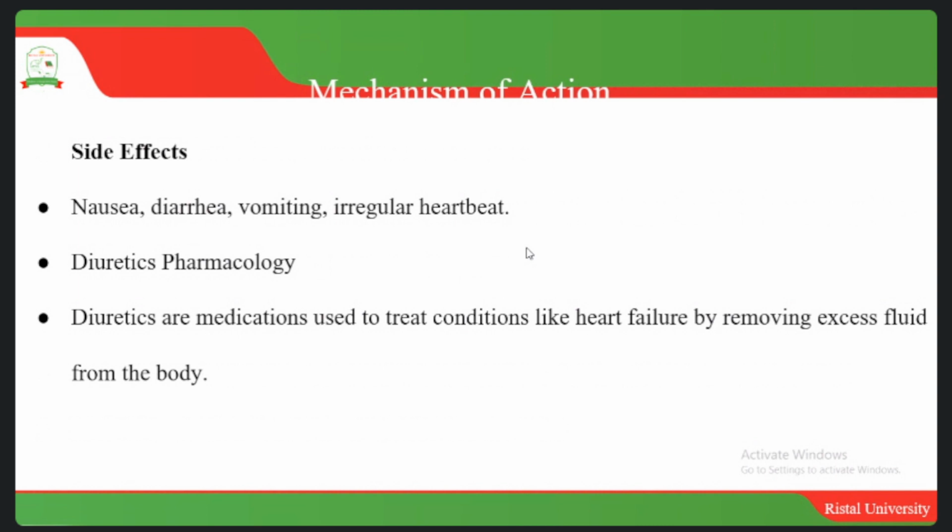And then diuretics, drugs that we give to help the patients actually pass urine. So diuretics are medications used to treat conditions like heart failure by removing excess fluid from the body.